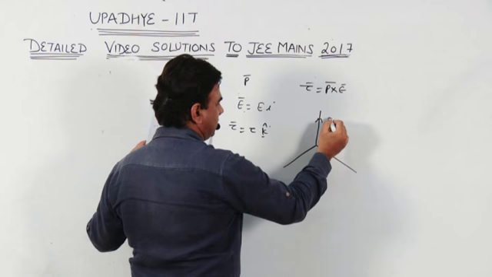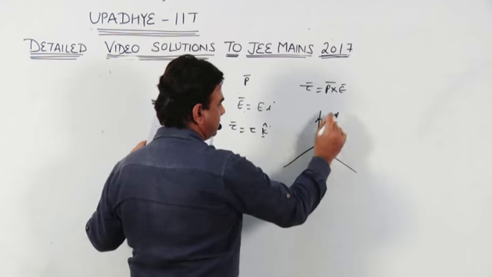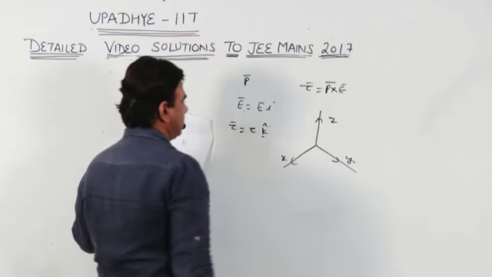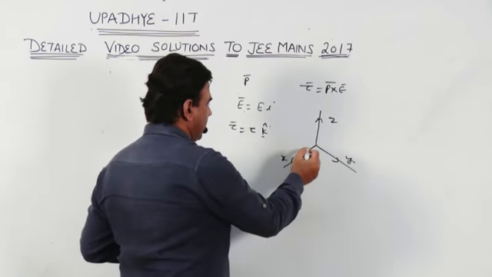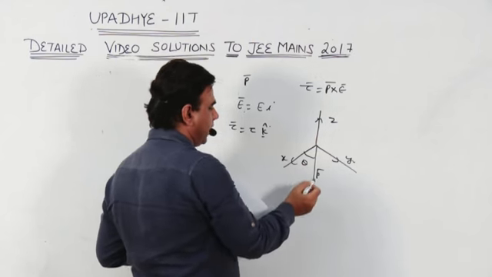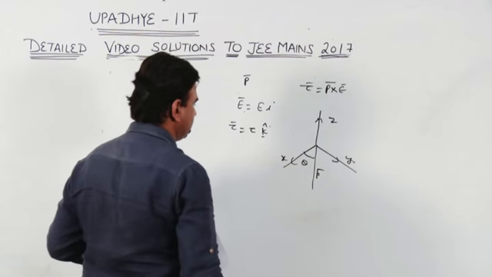So this is the z direction, unit vector k, and here is the x direction, and this is the y direction. P makes angle theta with the x axis.